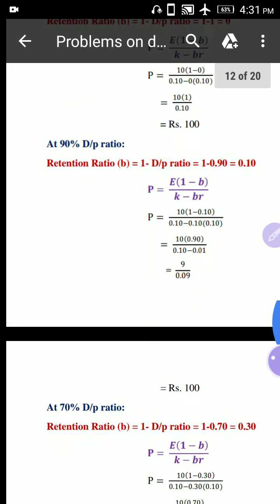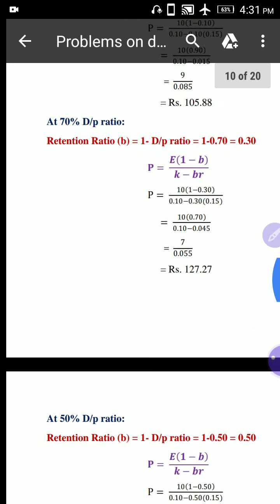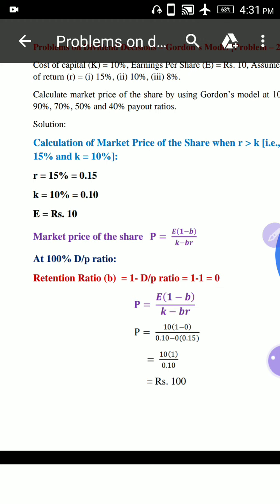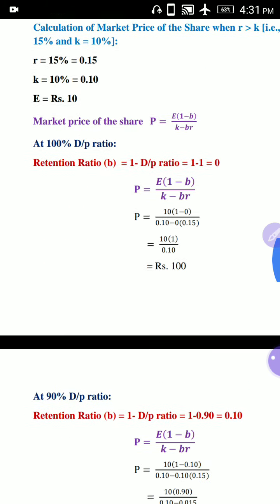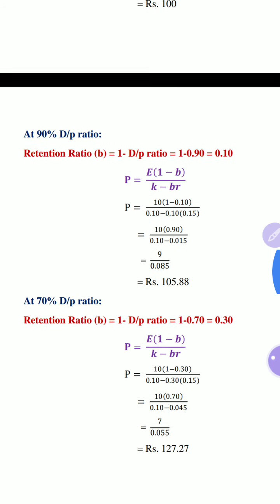If you observe, when the dividend payout ratio decreases, look at r greater than K. When r is greater than K and the dividend payout ratio decreases, then the market price of the share increases.